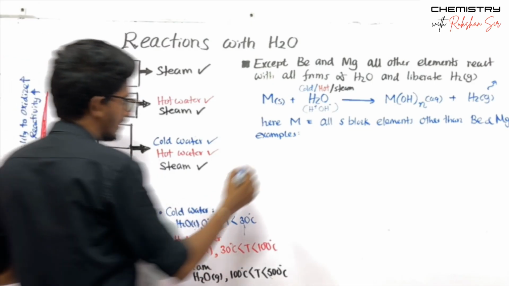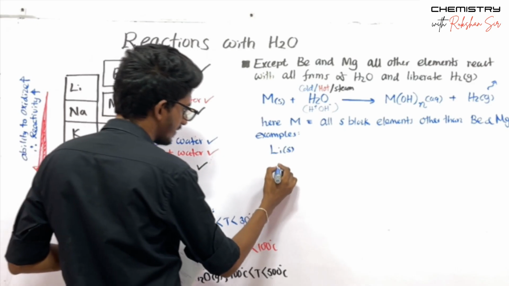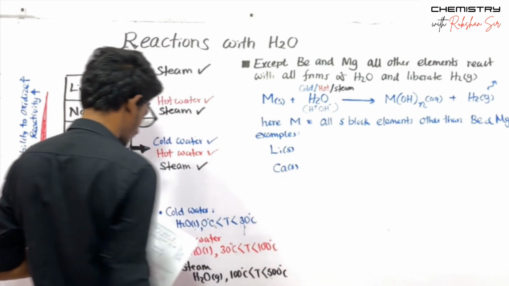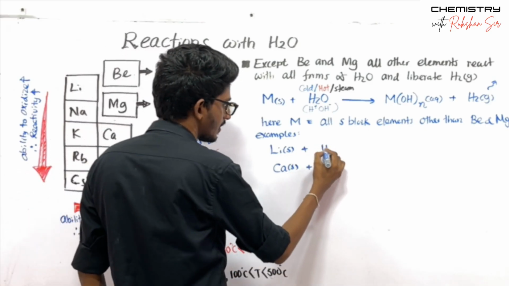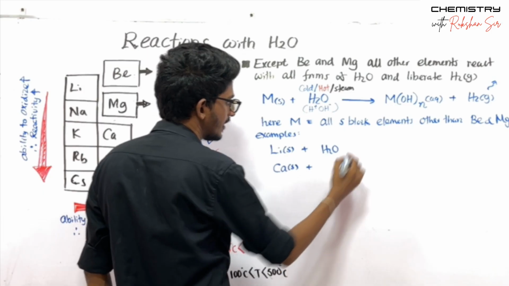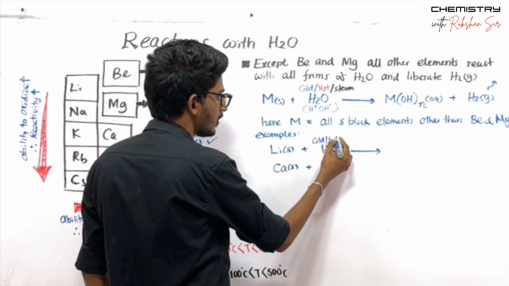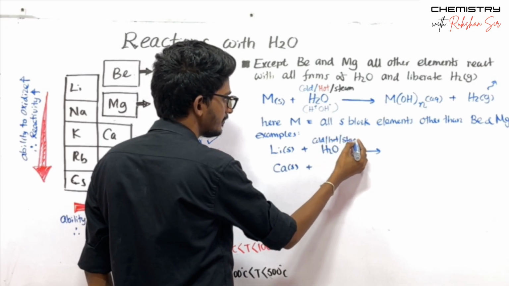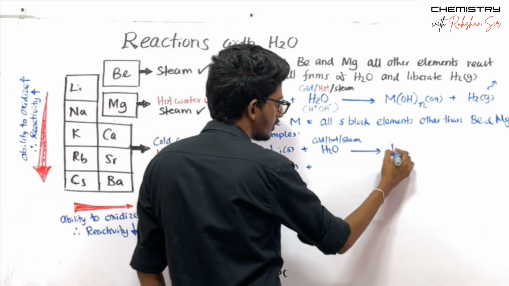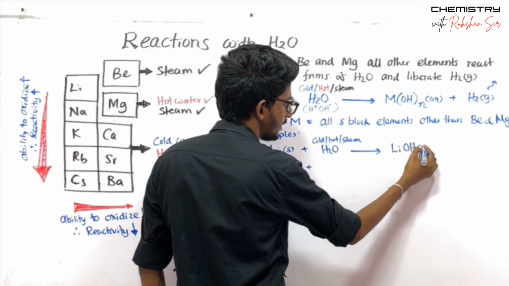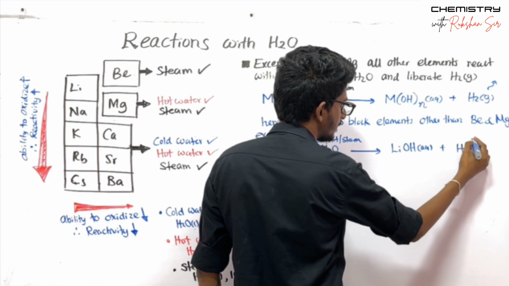So let's come up with the reaction of lithium as well as the reaction of calcium. Lithium will react with H2O, it could be cold, hot, or steam, to produce lithium hydroxide, as lithium oxidizes and connects to the anion here, plus H+ from here gets reduced to H2.